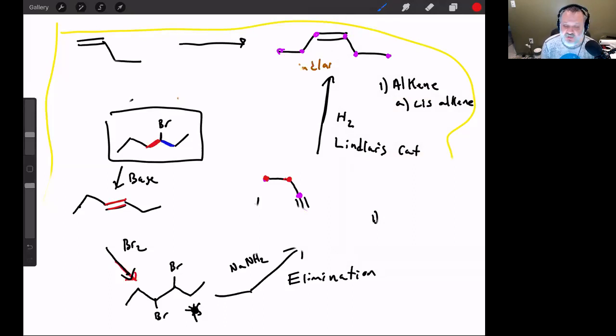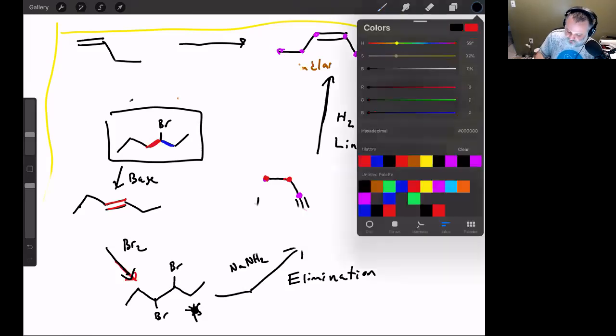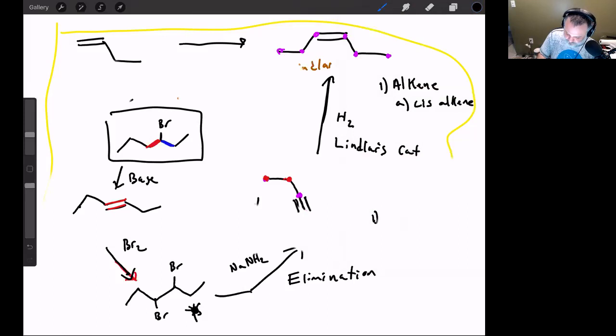If this is all you can think of, then that's certainly a path you can go down and get some partial credit as far as an exam is concerned. But remember, the clue is that you can't control which direction that eliminates from. You get a mixture of products, and mixtures of products are synthetically impractical. That synthetic impracticality is what clues you into the fact that this alternative pathway is one to stop thinking about.